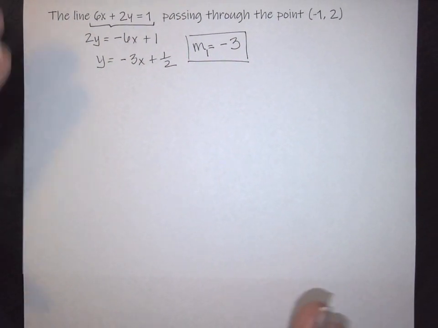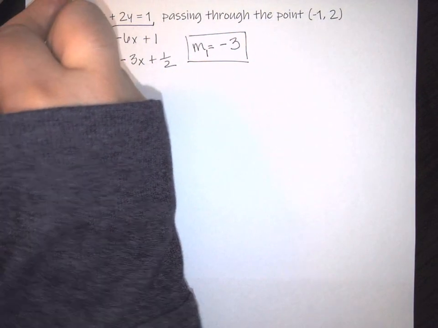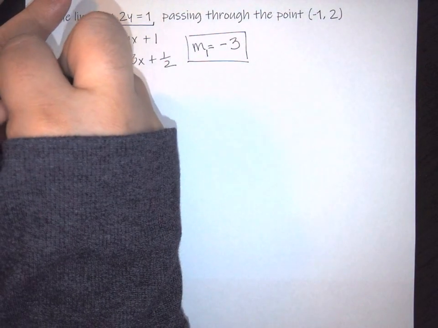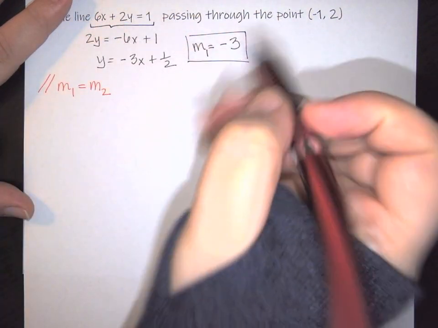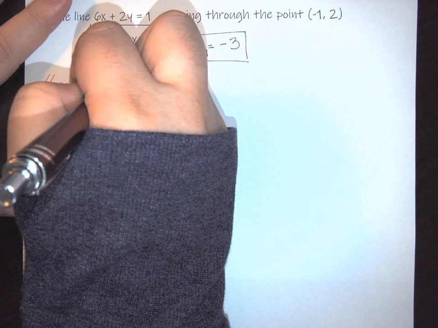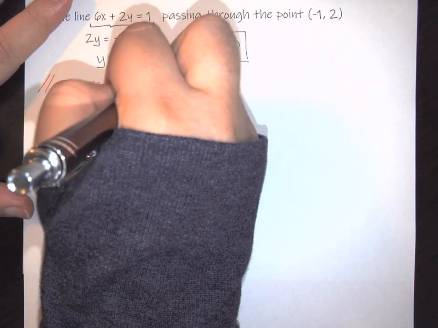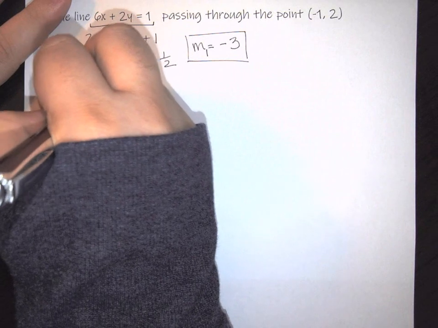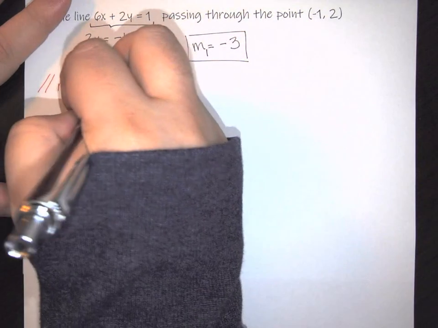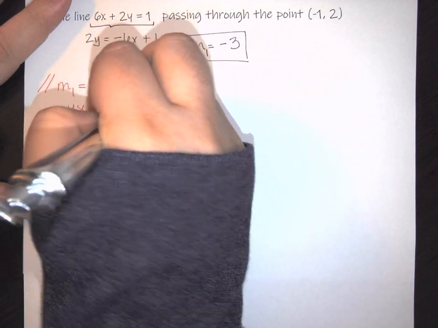Now the first thing that we're going to look for is parallel. So we have that m1 has to equal my m2. Since my m1 is negative 3, it means my m2 is negative 3. And we also have to use the point negative 1, 2.